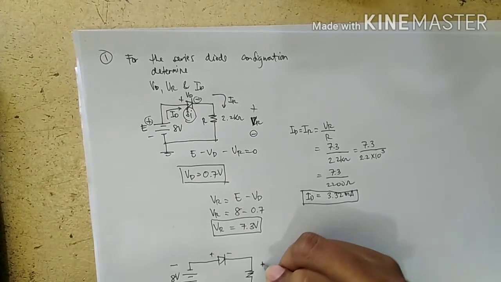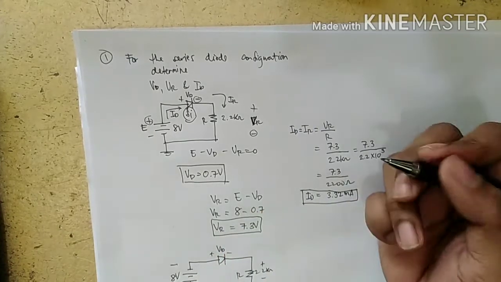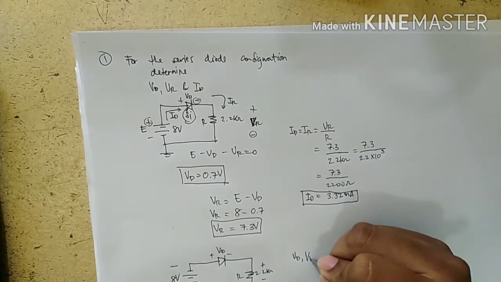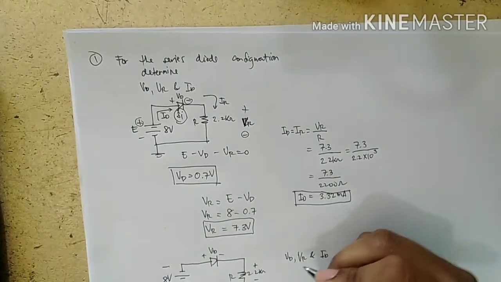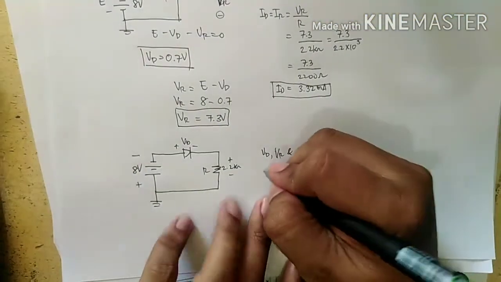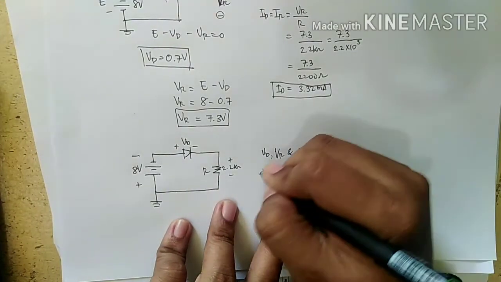This is 2.2, this is R, this is VD. Again, we solve for VD, VR, and ID.